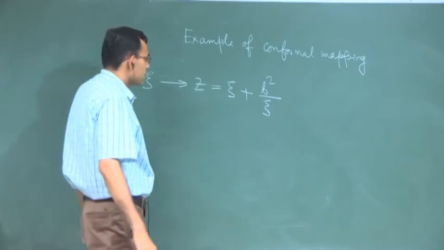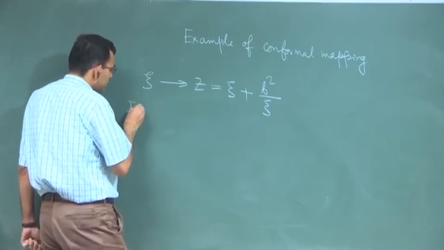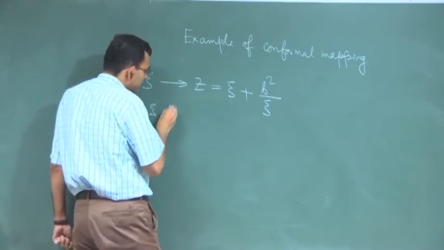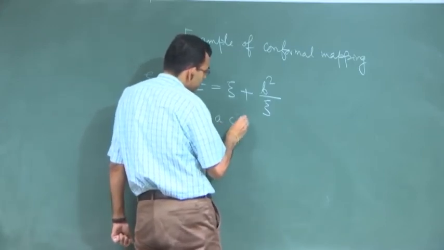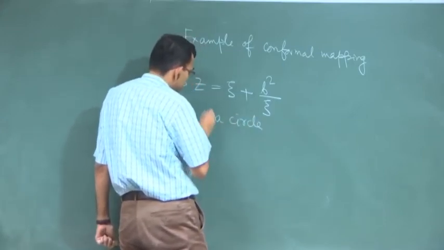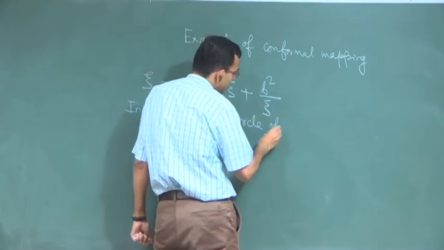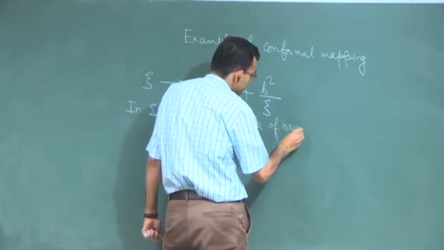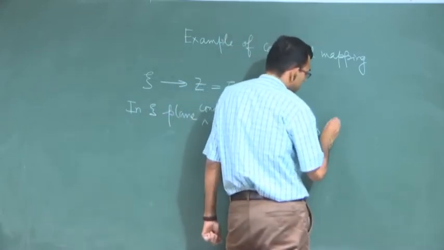So, let us consider that in the zeta plane you have a circle of radius b.